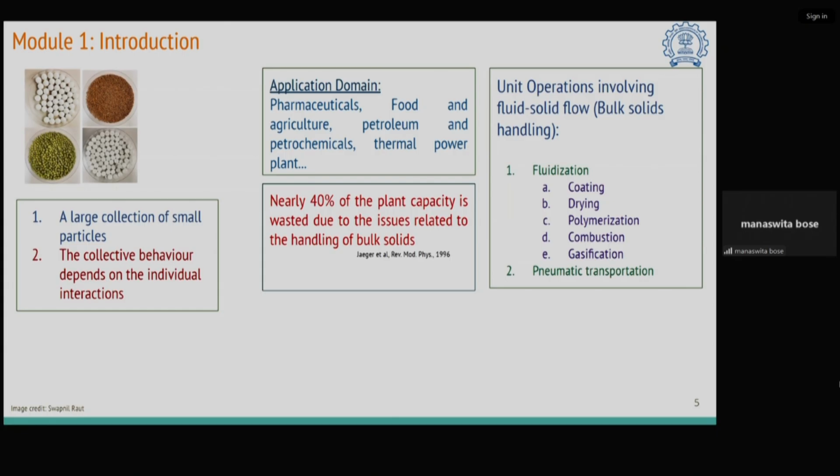There are challenges in industries which need to handle large amounts of bulk solids. It's not that the equipment don't work. They definitely work based on many empirical and semi-empirical relationships, and a large amount of CFD-DEM simulations are being performed nowadays to understand it better.